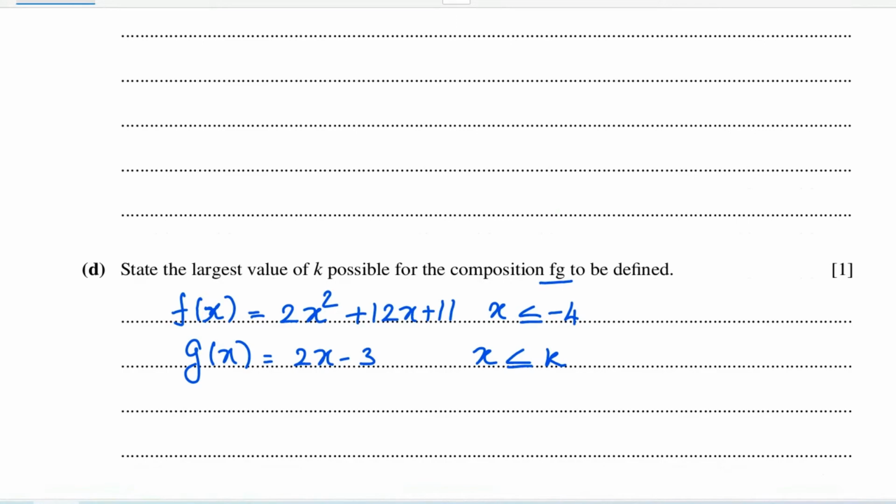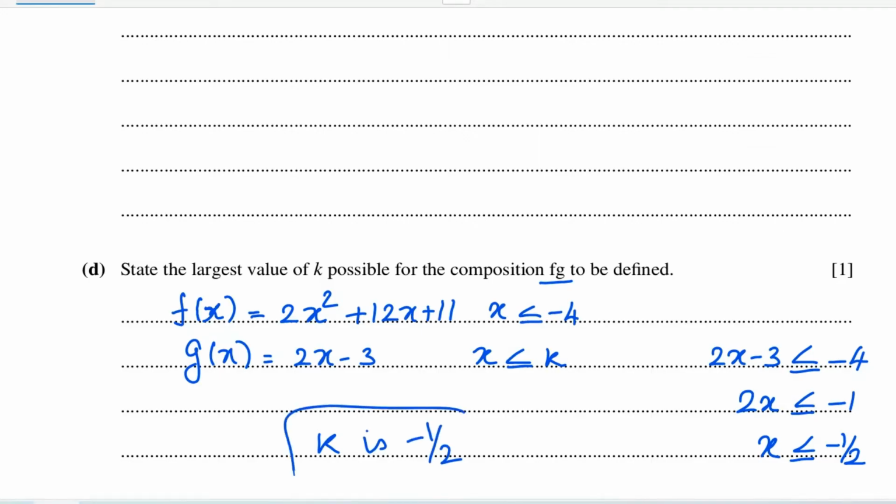So the output of g is 2x minus 3, and this should be within the domain of f, which is nothing but less than or equal to negative 4. So 2x is less than or equal to negative 1. So x should be less than or equal to negative 1 over 2. That is, k is negative 1 over 2.